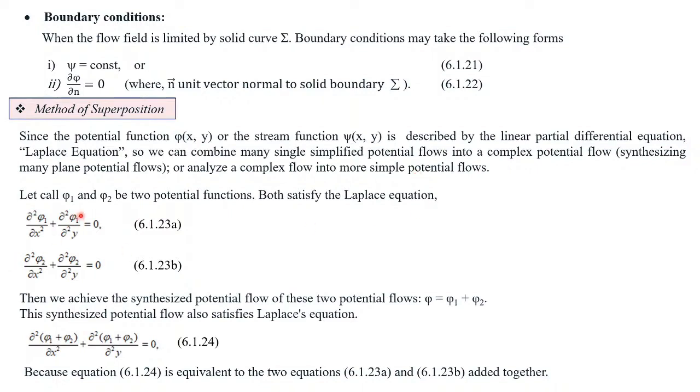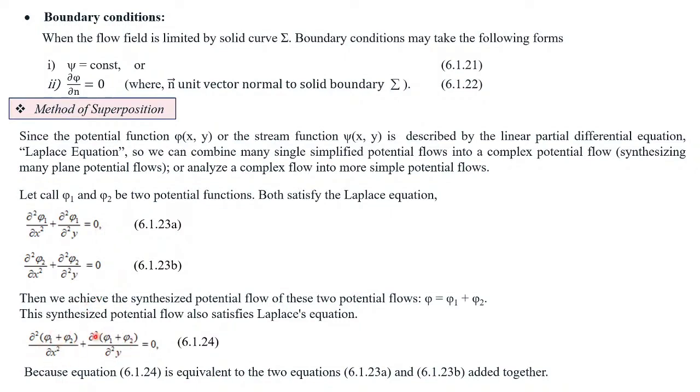Okay. This can be proved as follows. We call phi 1 and phi 2 two potential functions, because both satisfy the Laplace equation, so we can write the first and the second like this. Okay, and now we sum side by side, and we get this one.